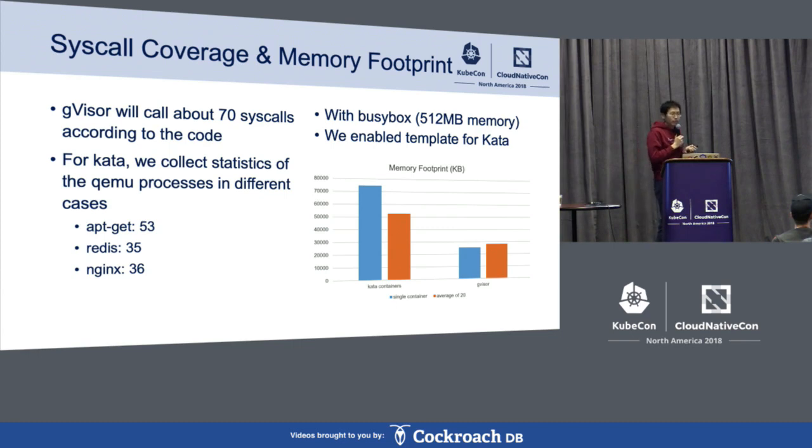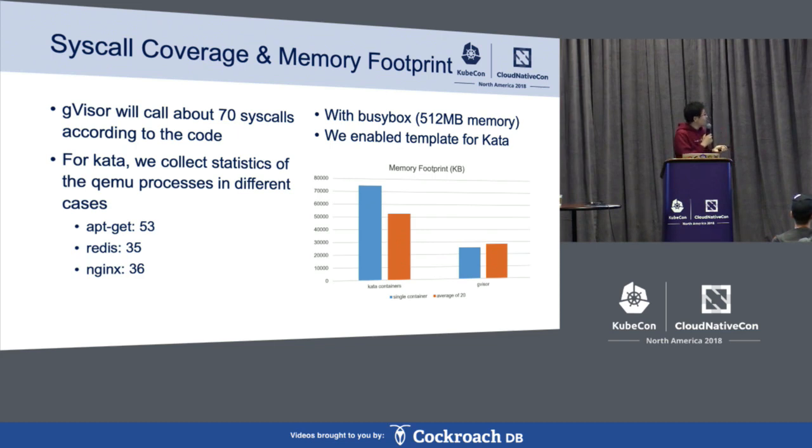For the Syscall coverage, we test with different cases, and for gVisor, we read the code, and because the code is quite small, it's pretty easy to find. They only call about 70 syscalls. For Kata, it's pretty hard if we try to grab the syscalls from QEMU or something, so we just do a trace for different cases.